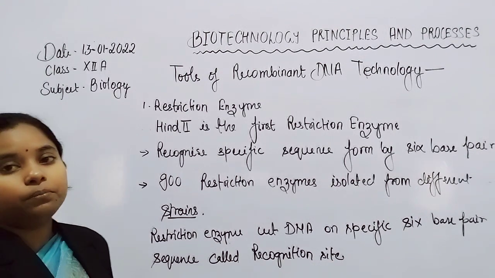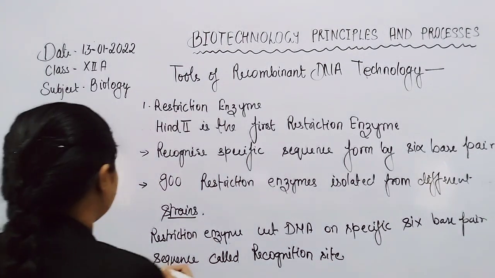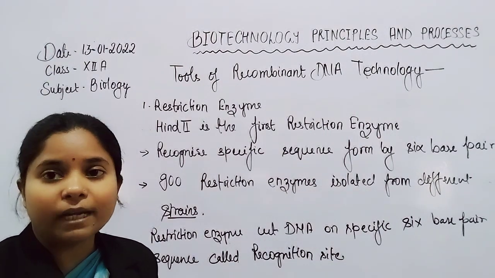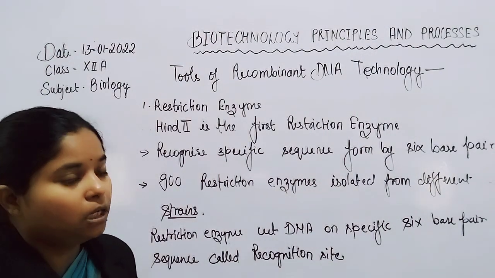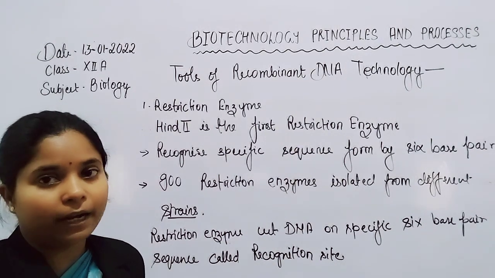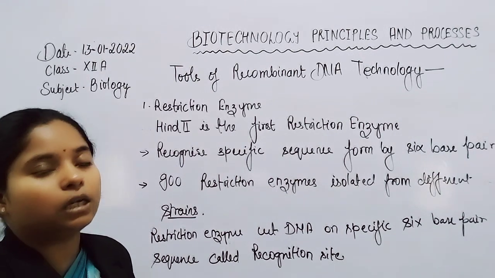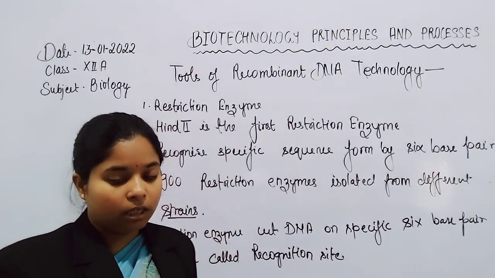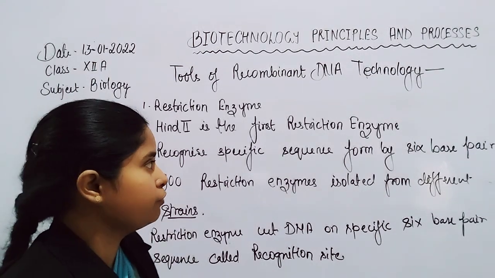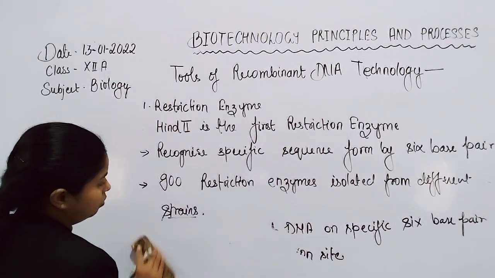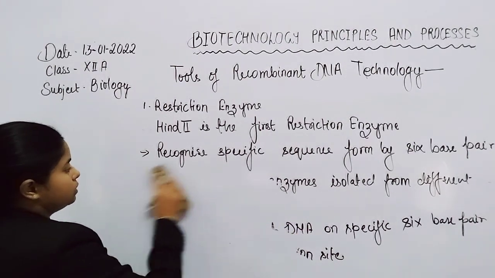For example, there are so many restriction enzymes. There are mainly two kinds based upon their function: exonucleases and endonucleases. Exonucleases cut the DNA from the terminal side, whereas endonucleases cut the DNA in the middle, or in between the strand.